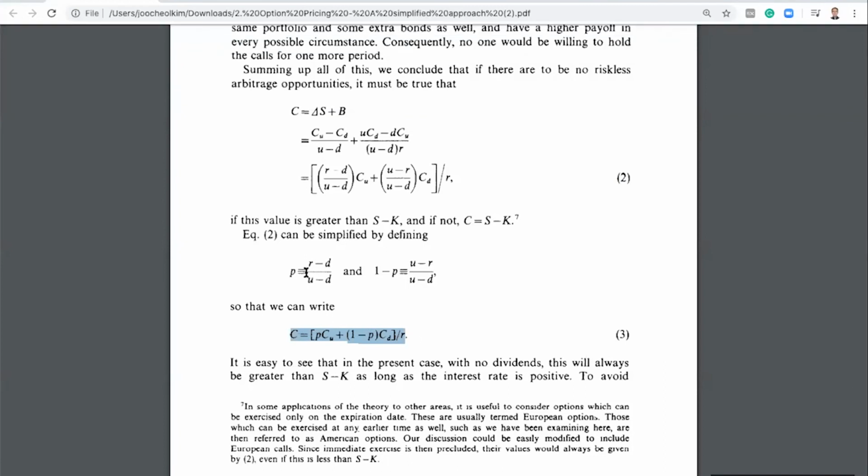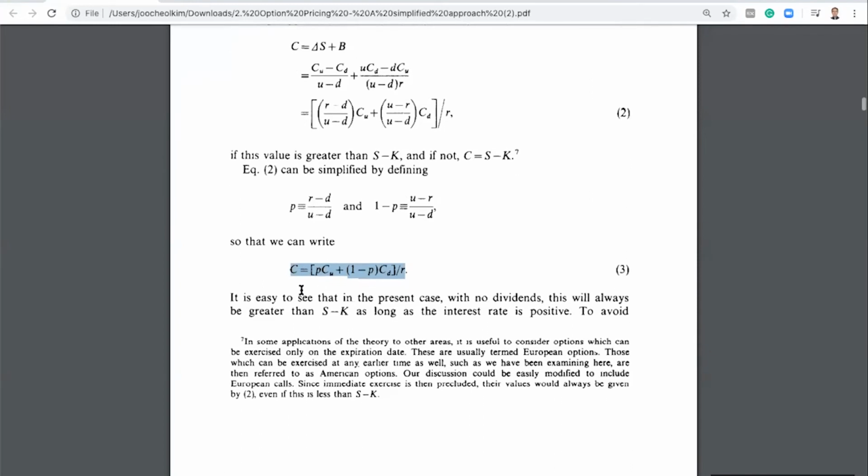Once we denote the first fraction part as P, the second fraction part is definitely 1 minus P, because we know that by adding these two fractions, we will get 1. So if I call this part P, the second part should be 1 minus P. And then it can be written in this way.